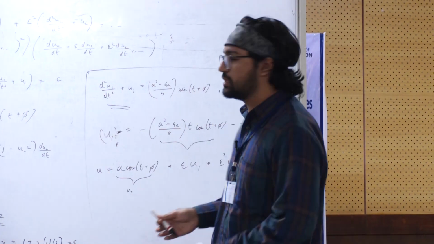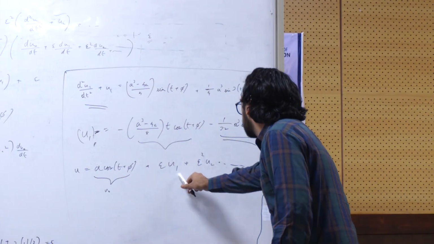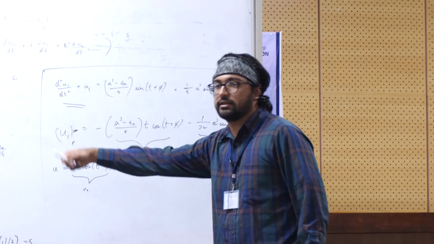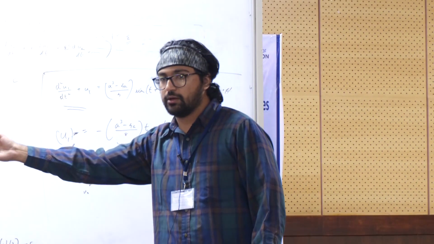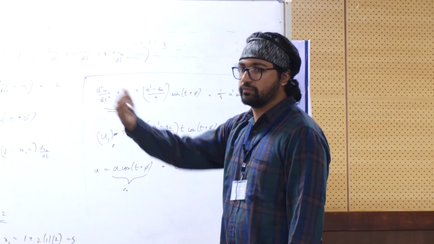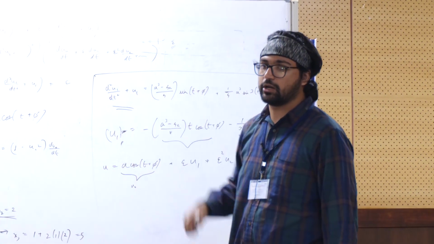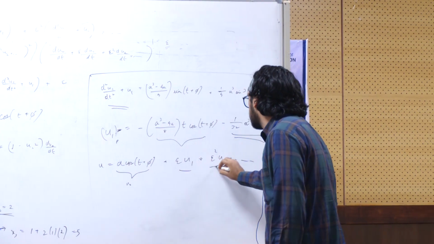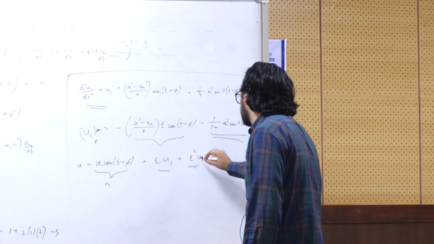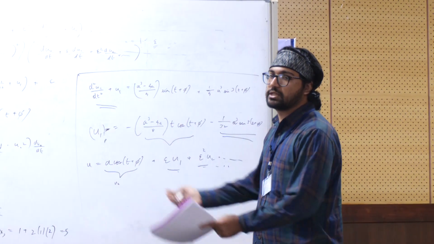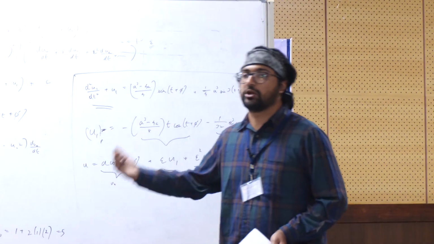As in, non-periodicity occurs in each of these terms. At the leading order, it is periodic. When you substitute epsilon equal to 0, you obtain the regular harmonic oscillator, which is a periodic oscillator. But when you gather these terms, epsilon u1, epsilon square u2, u3, u4, the solution starts becoming more and more non-periodic.